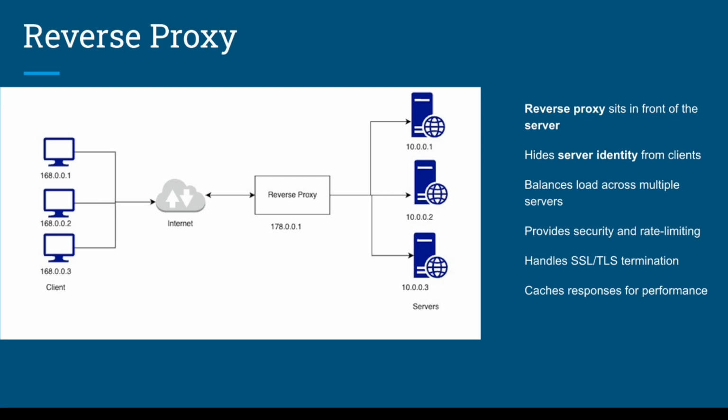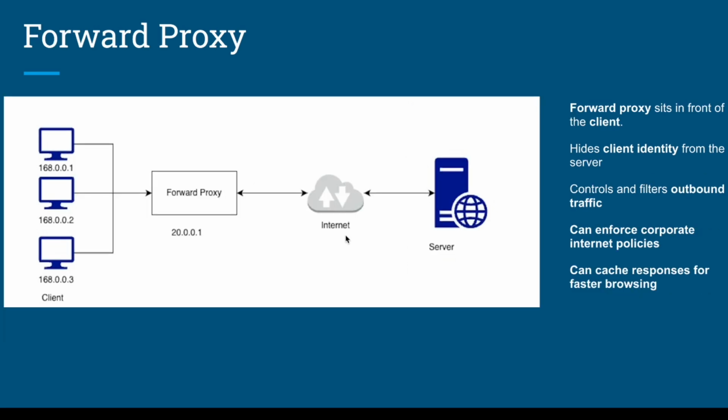There are a lot of examples of reverse proxies, such as Envoy proxy, HAProxy, AWS load balancer, or CDNs like Akamai, and there are different security tools that can also act as a reverse proxy. In the case of a forward proxy, we can control outbound traffic, enforce corporate internet policies, and also cache the response for faster browsing.